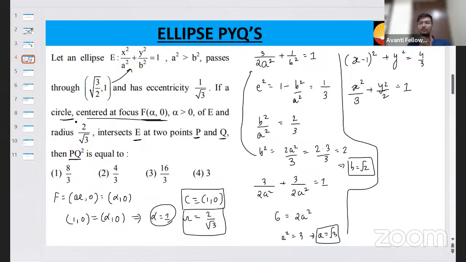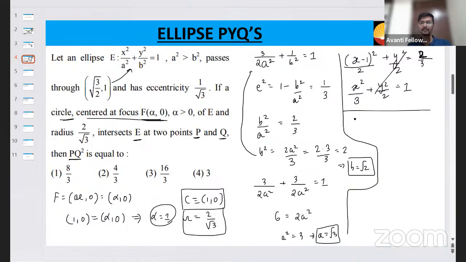Okay, so let's solve simultaneously. How can we solve? Okay, we can do here. We'll divide throughout by 2. So we'll get here 2 by 3. Correct? And we'll subtract. This will be gone.